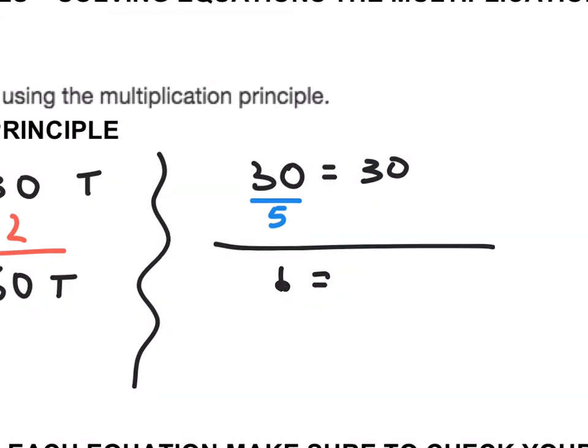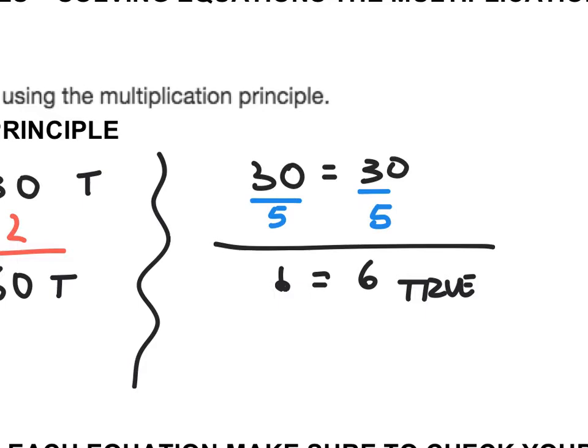Okay? And so what do I have to do to the right side to also get 6? I have to do the same thing. I have to divide by 5. Okay? So if I do 30 divided by 5, that's also going to give me 6, and that leaves me with a true statement. Okay? So division works in the same way.